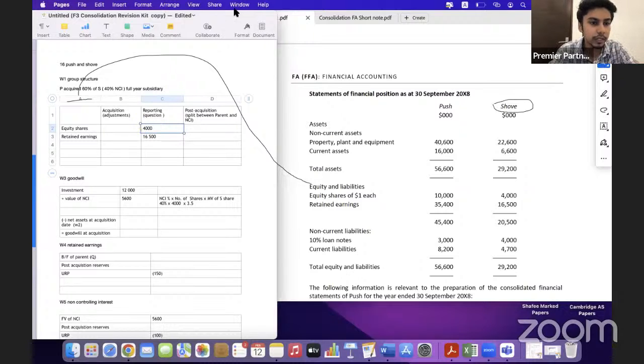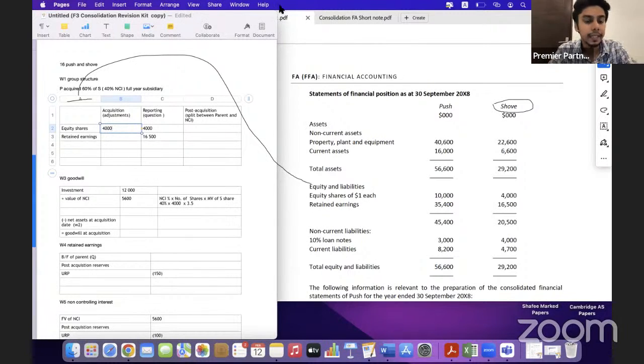No, guys, this one will never ever change. So we should put the same answer over here. What I have noticed is that in FA and in FR, usually the equity share of the subsidiary will never change. So just mark the same answer over there and keep.